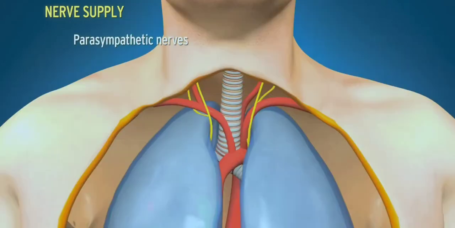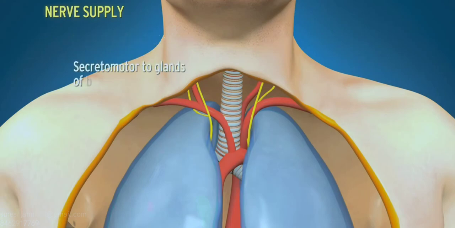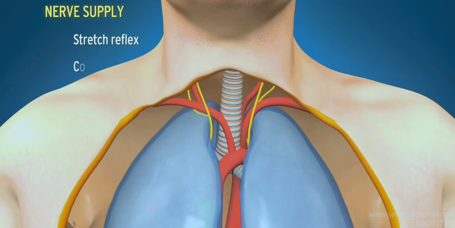Parasympathetic nerves are derived from vagus. These fibers are motor to bronchial muscles, secretomotor to glands of bronchial tree. They also carry sensation from the bronchial tree and are responsible for stretch reflex and cough reflex.